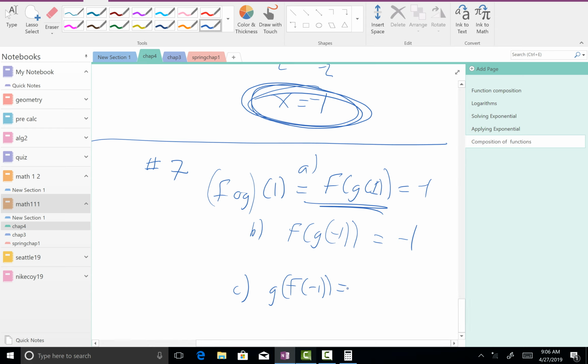Yeah, -3. So now -3 becomes that output. Then I go to -3 on the x. There's -3. And now I have to find what g is. Okay, 8. And that's how that works.